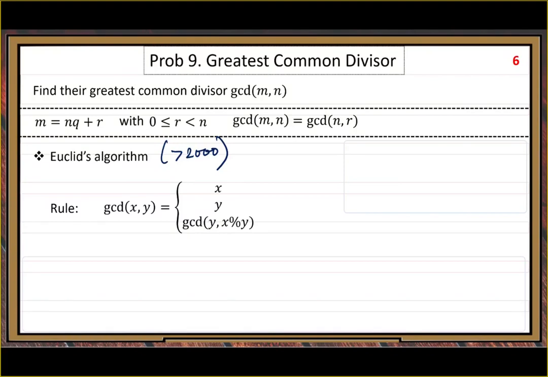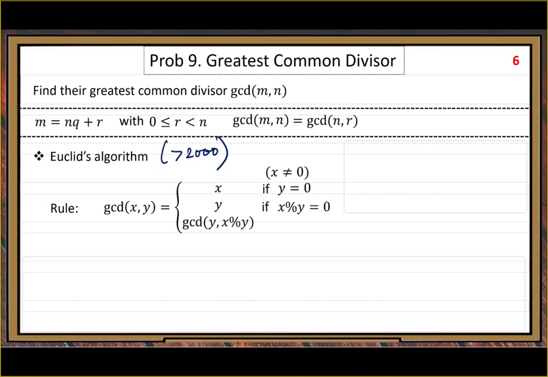If y equals 0, return x; x is the greatest common divisor, because x cannot be 0 here.